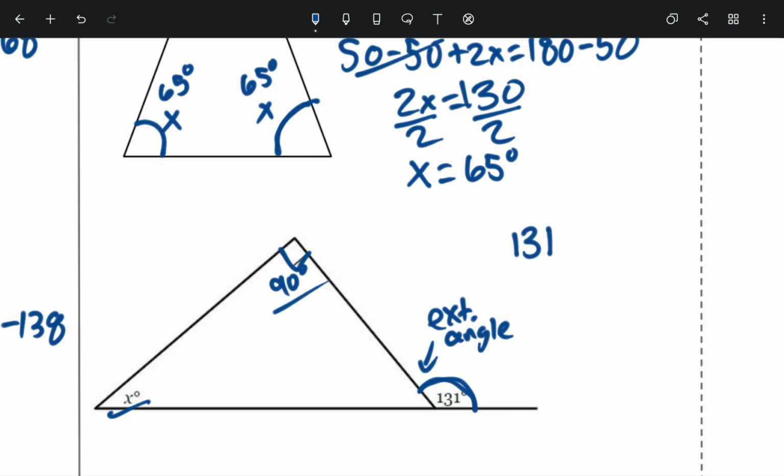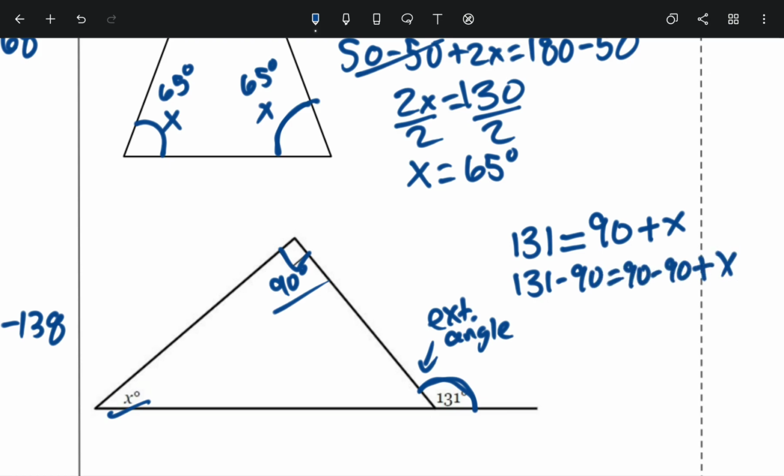So 131 equals 90 plus x. To get x alone, I'm just going to subtract 90 from both sides. And we are left with 41 equals x. So this angle here is 41 degrees.